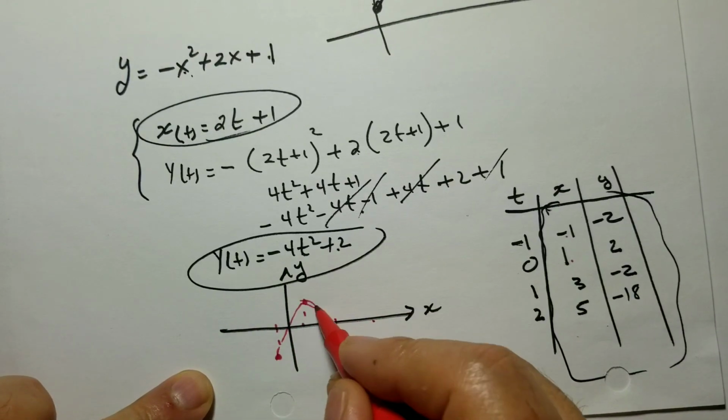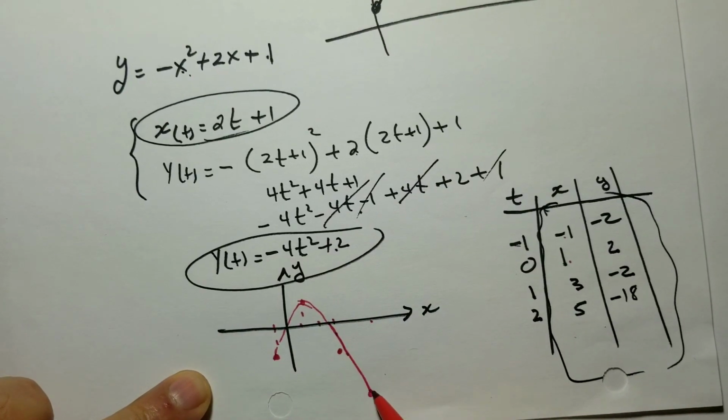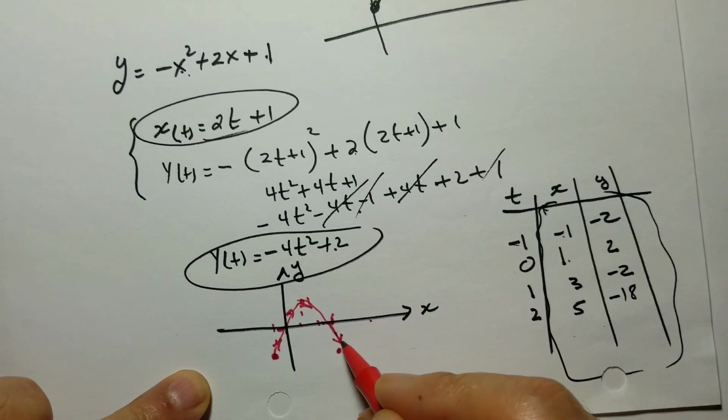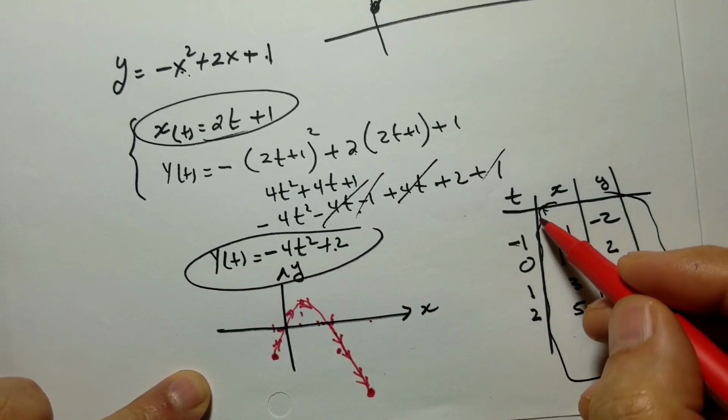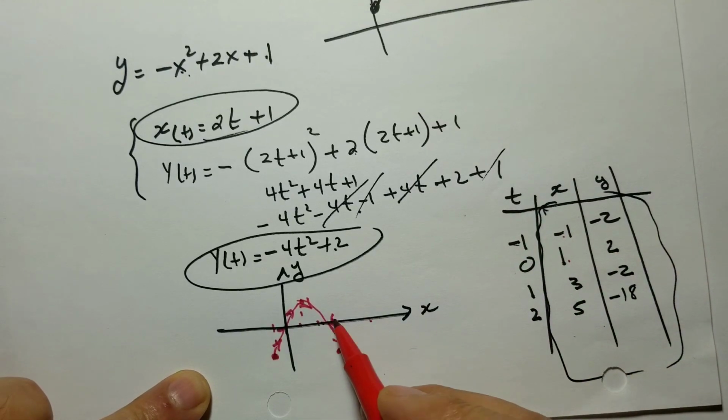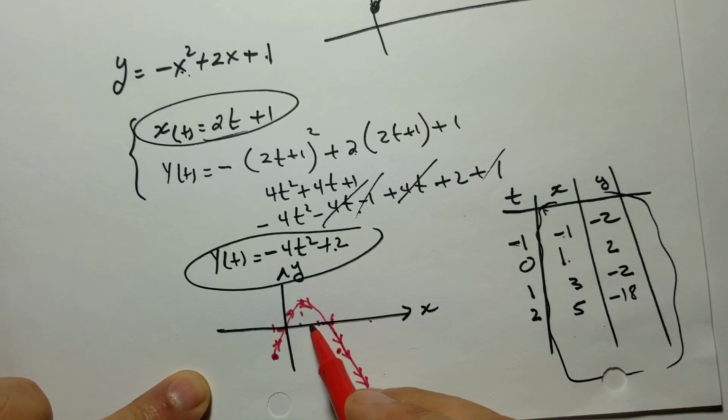Therefore, I see my graph is going to be right here, and that's my orientation, and that orientation gives you the direction for t. I put 2 and 5, I put 2 here, I didn't do it right.